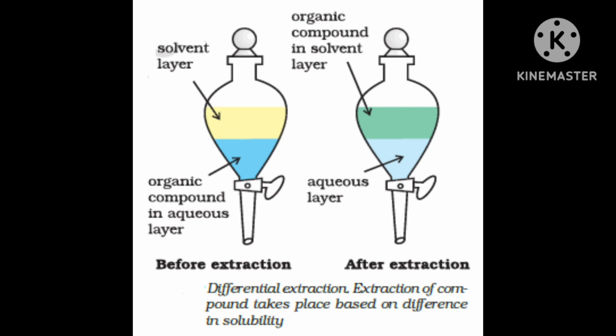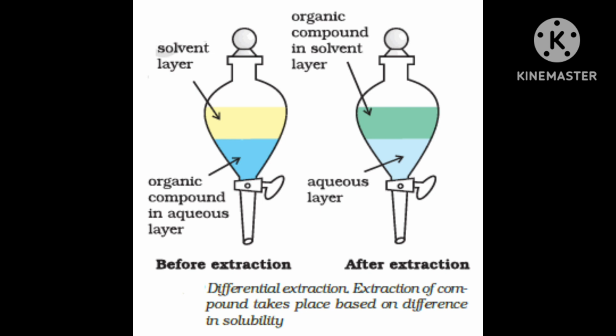And second thing, a pure solvent. A pure solvent is also required. A pure solvent, or sometimes a mixture of solvents, or sometimes a gas, is allowed to move slowly over the stationary phase.